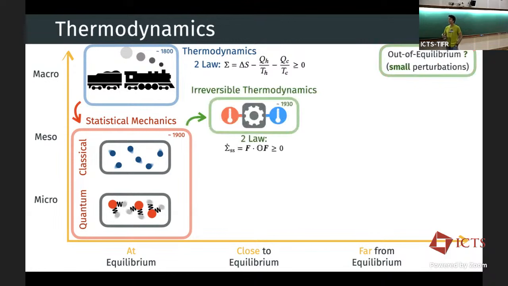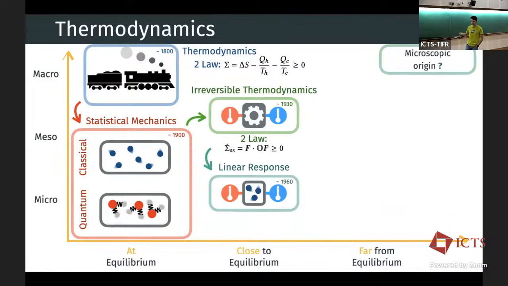The first idea was to consider systems close to equilibrium, because thermodynamics was developed as a closed theory in terms of thermodynamic quantities only, and to develop a non-equilibrium theory that is nowadays known as irreversible thermodynamics, which was still closed in terms of thermodynamic quantities only. The only kind of processes that people were able to characterize were processes close to equilibrium. And this was also understood in terms of statistical properties using linear response.